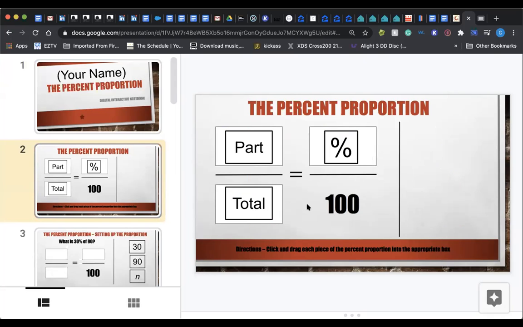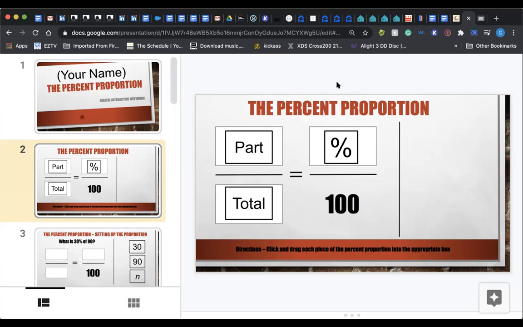So this is how you set up a proportion: you put the part over the total and you set it equal to the percent over 100. If you're missing any of these pieces, this is how you figure out the piece that's missing. The 100 is always going to be there, because a percent means out of 100. But one of these other pieces might be missing, okay?